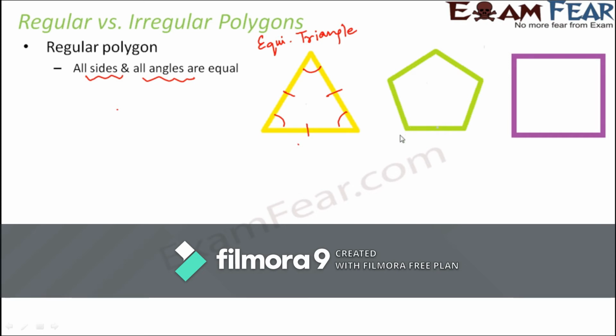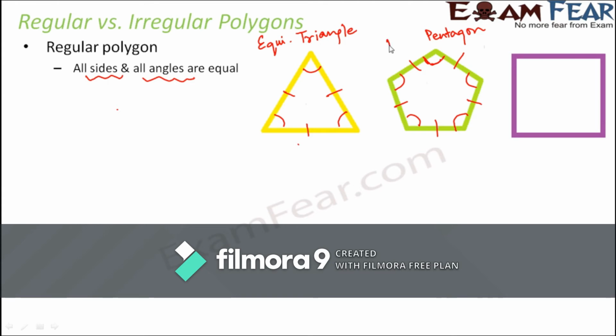Similarly, when you look at this example where you have 1, 2, 3, 4, 5 sides, a polygon which is made up of 5 sides is called a pentagon. A pentagon with all the sides equal and all angles also equal is also an example of a regular polygon.